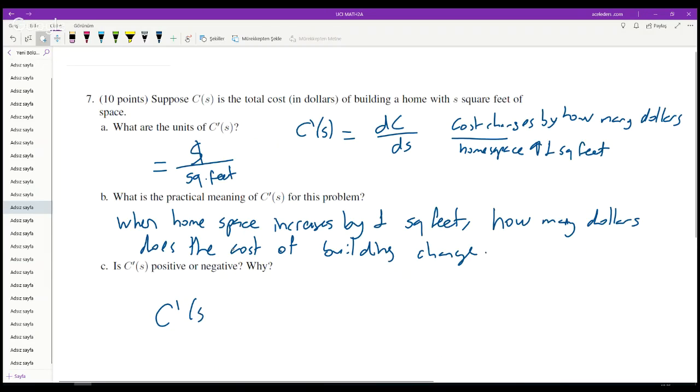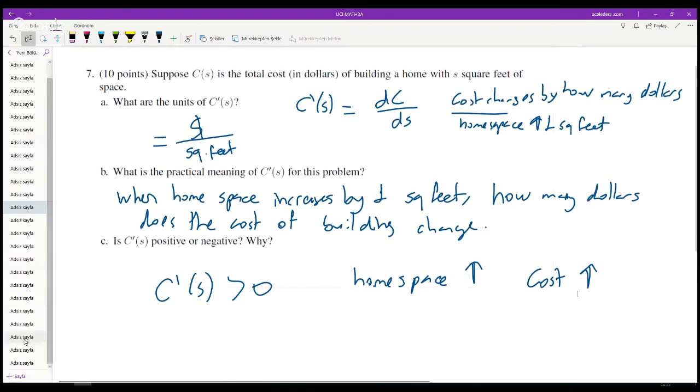C prime of S is positive because when home space increases, cost increases. That's pretty straightforward. Okay? So we have the meaning of the derivative in this question.